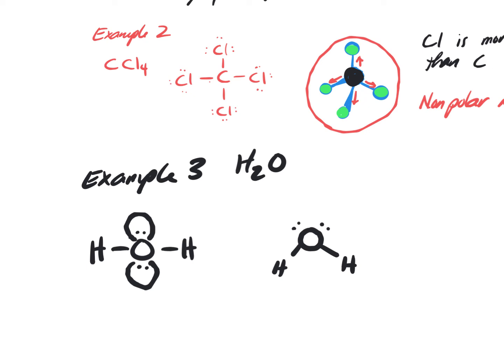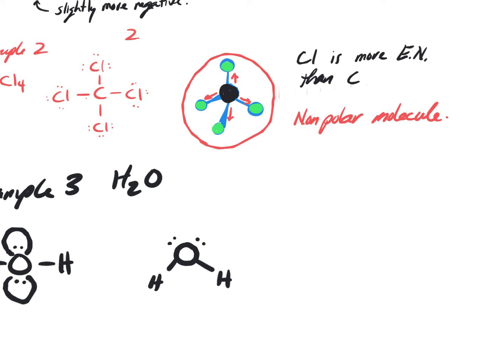If you look at the periodic table, from where oxygen is, you will see that oxygen is more electronegative than hydrogen. Remember the trends that we learned. You will be expected to be able to tell what elements are more or less electronegative just by looking at the periodic table, and you should be able to do that.